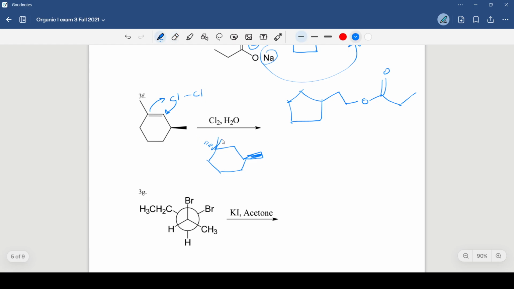Then we're going to have the tent. From this tent, either the H2O is going to attack or the Cl is going to attack. And remember, either way, it's going to be trans. So you're either going to get this product or you're going to get this product.